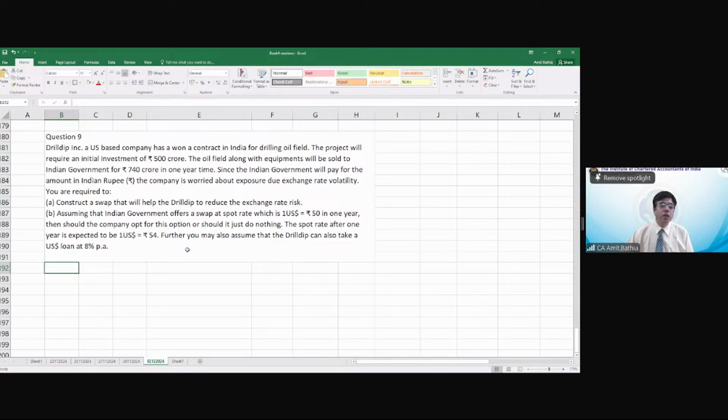Further, you may also assume that Drill Dip can also take a US dollar loan at 8% per annum. All right. So what is going to happen over here? Construct a swap that will help Drill Dip reduce the exchange rate risk. So what can it do?